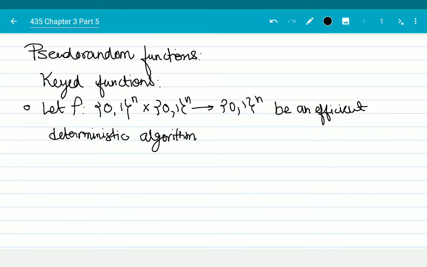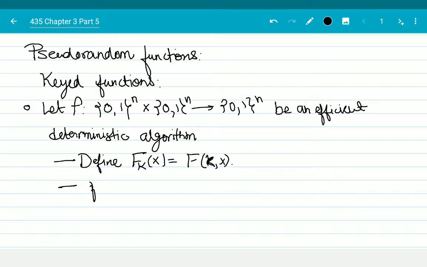We define F_k(x) by F(k, x). And we said that the first input is, in that case, called the key.